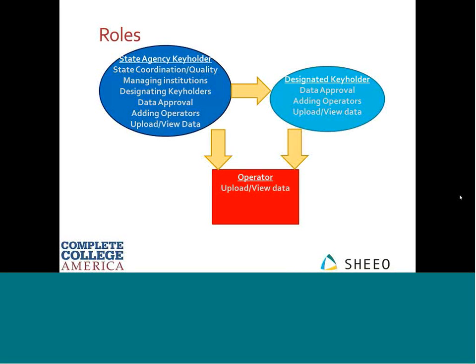As we look through your data, if we see any changes or challenges, we're going to get in contact with you. If we are getting lots of calls from your state and they have lots of questions from us at a state level perspective, you're going to be the person that we want to contact. So we hope that you will take control of managing the institutions in your state, making sure that the institutions that we expect you to report for are actually the institutions that you plan to report for.